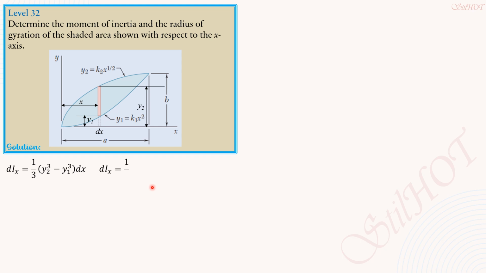So differential Ix is 1/3 quantity k2 x to the 1/2 cube minus k1 x squared quantity cube dx.